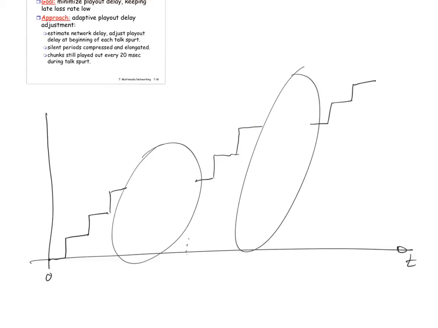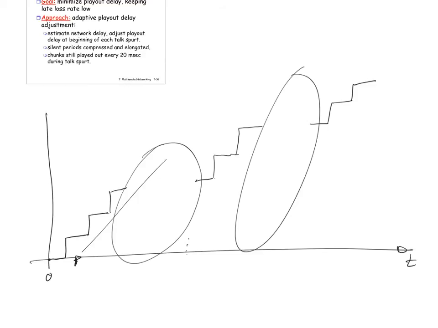Okay? So here, initially, I can use a playout delay which is conservative, which is long. Maybe for this first case, I will start playing out, assuming that this is where they have to arrive at the receiver, and maybe I will take a conservative approach and start playing out here. So here the playout delay is a little bit large.